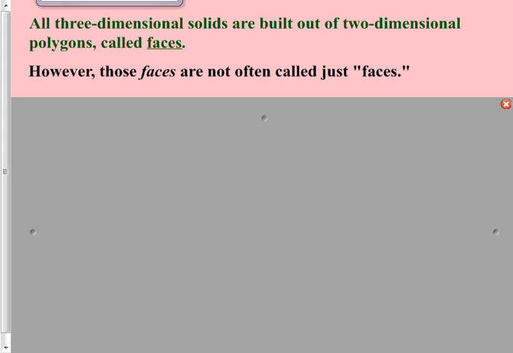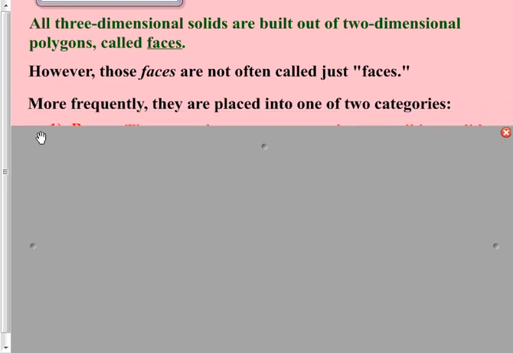Okay, those faces that we just referred to are not often just called faces. Faces is kind of a broad category that encompasses some smaller categories. Now, more frequently, the faces are broken down into one of two categories.